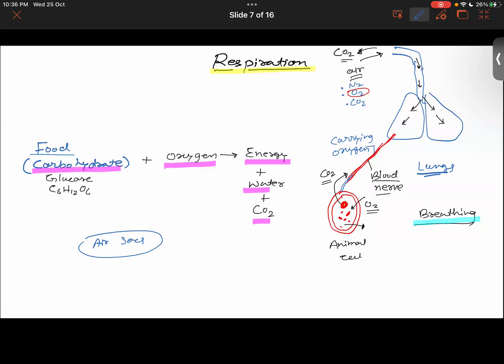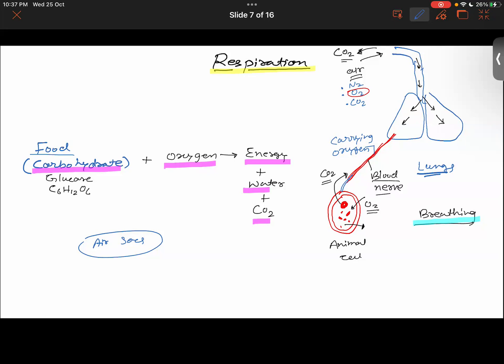Okay, so back to our discussion. We were talking about respiration, and I said that there are certain organisms that can actually live without oxygen, like many bacteria.